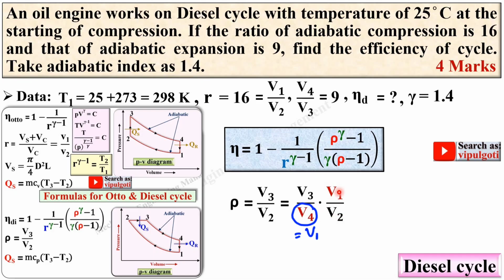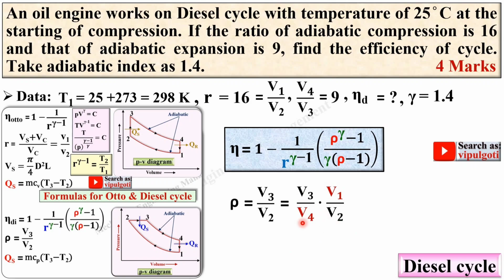Keep in mind V1 and V4 are equal. Here you can see V1 is equal to V4. So I have multiplied by V1 in the numerator and the denominator because V1 is equal to V4. So this will be cancelled, and this is our original term.